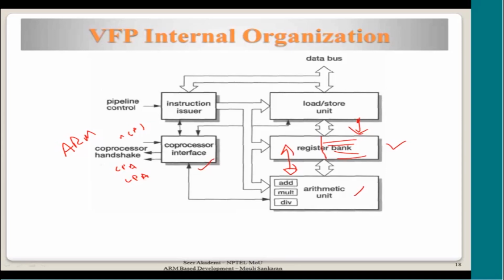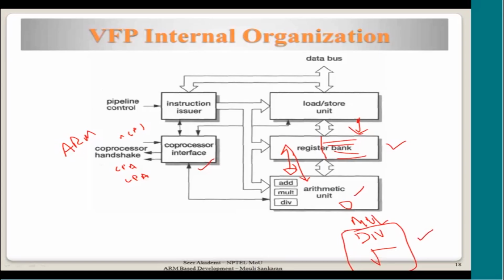Okay, and similar to the ARM processor, maybe the data is copied and then operated from the registers. Most of the operations in the vector processor, especially multiplication, division, and square root computation, especially these two, take more cycles to execute.